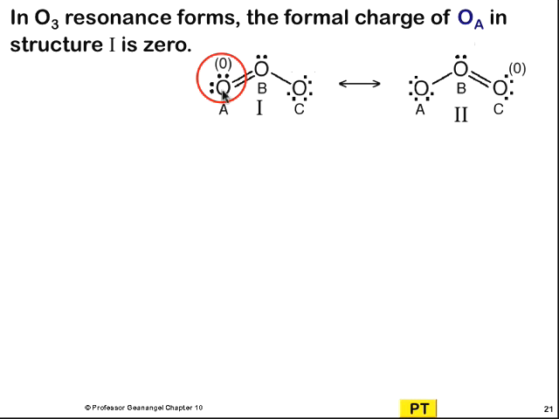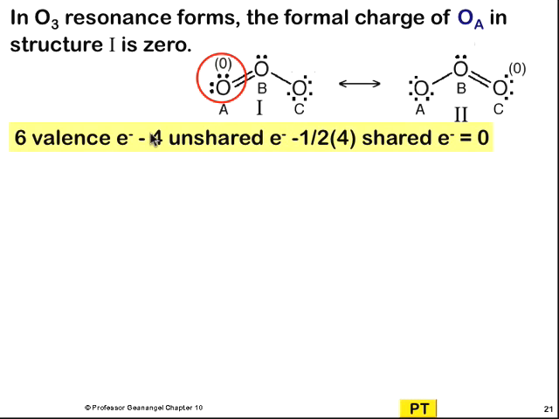So here's the atom to look at. And oxygen came to the dance with 6 electrons. And so the calculation is pretty straightforward. We start with 6 electrons. There are 4 lone pair electrons here, so we're going to subtract 4 unshared electrons.